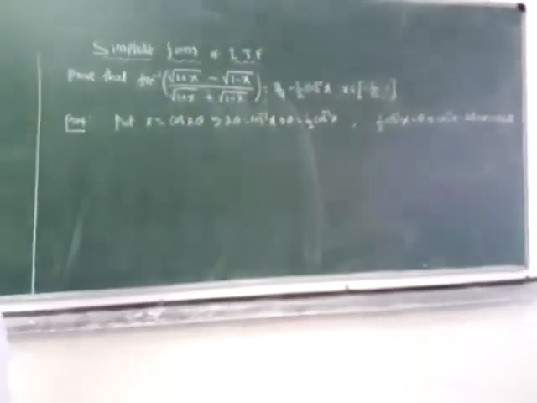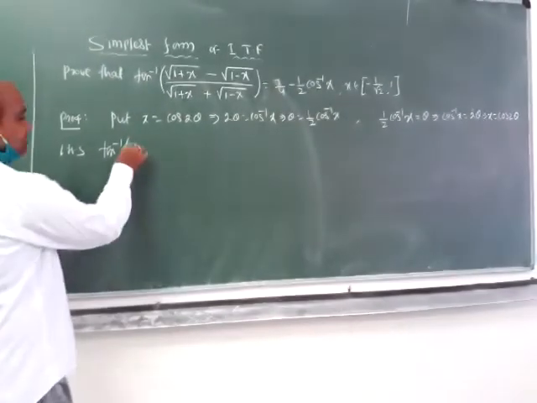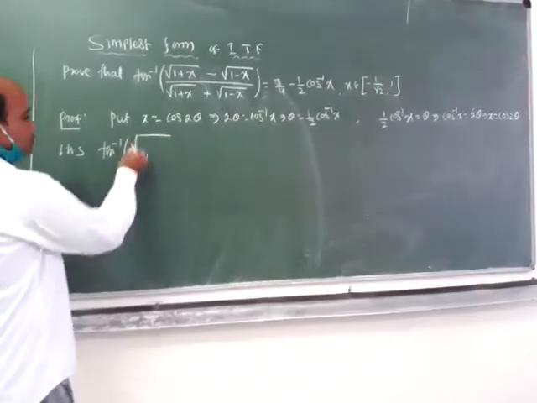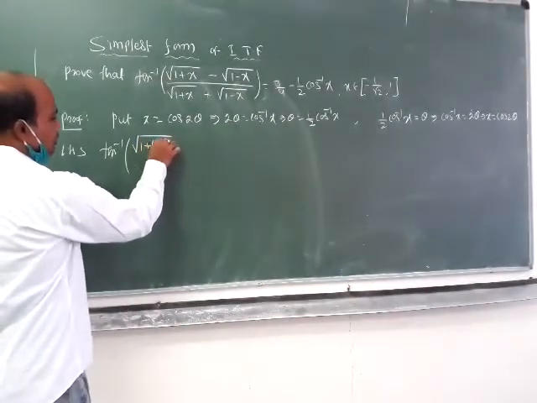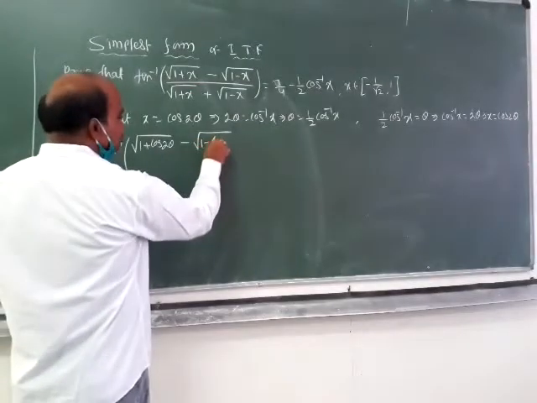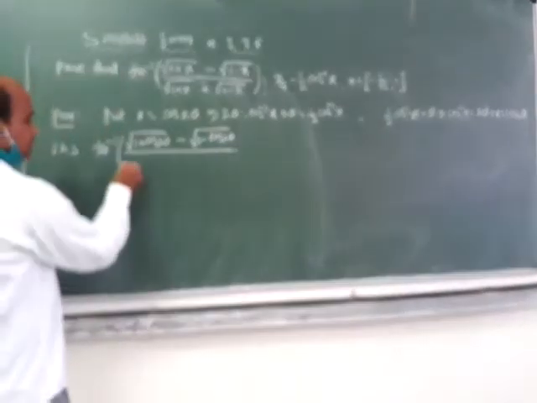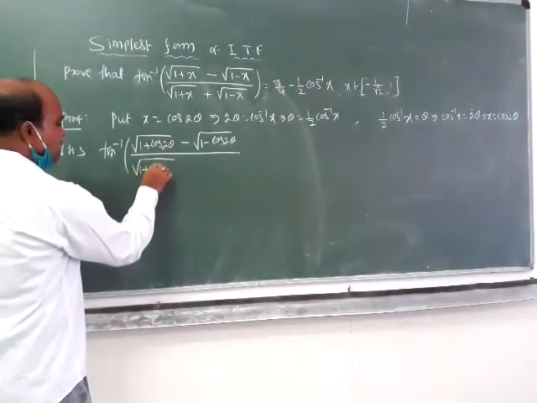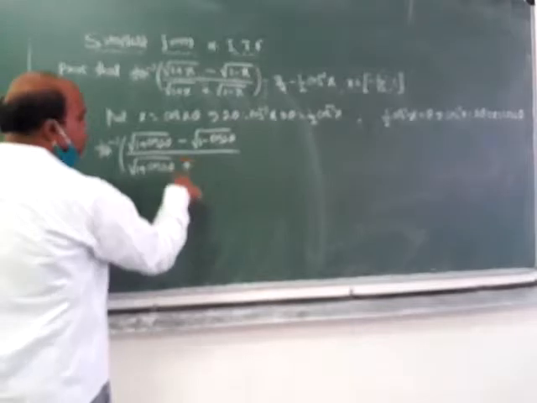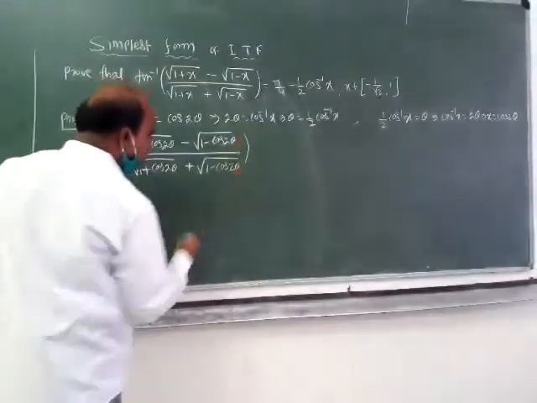Did you get it? So now the LHS becomes tan inverse under root 1 plus cos 2 theta minus under root 1 minus cos 2 theta upon under root 1 plus cos 2 theta plus under root 1 minus cos 2 theta.